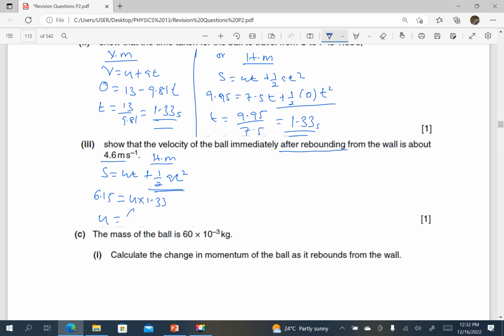So U equals 6.15 divided by 1.33, and this is 4.62, which is approximately 4.6 meters per second.